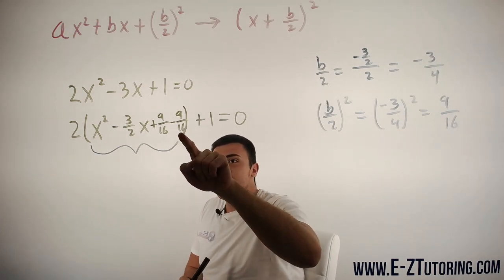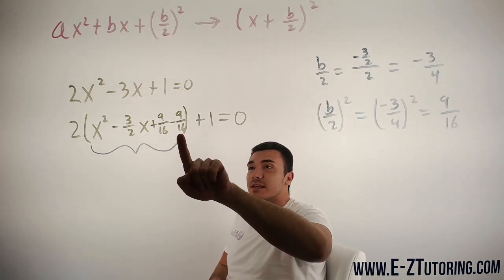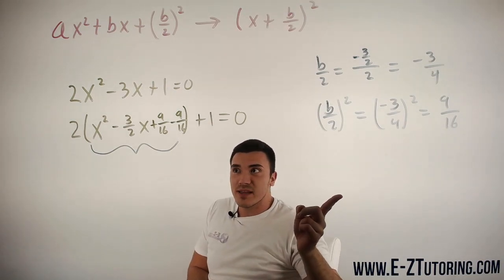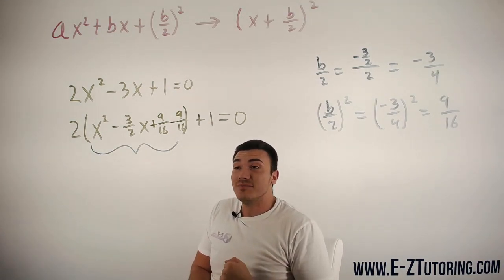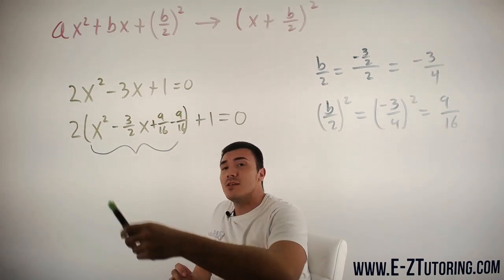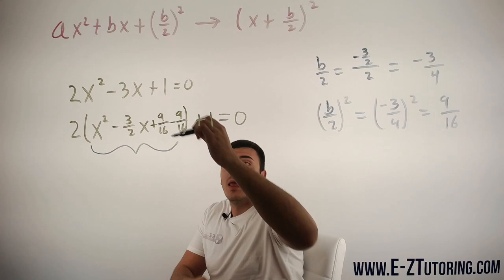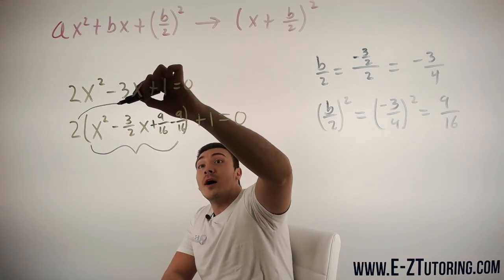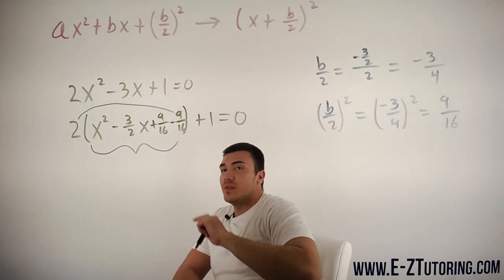So we want to take this last term, minus 9 over 16, to the outside of the parentheses. How do you do that? Well, really, to get anything outside of these parentheses, all you need to do is distribute the 2 to it. So we are going to do just one distribution to that value.